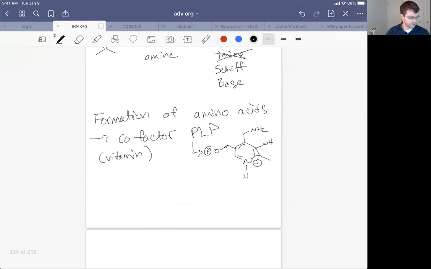That is good control of the alpha position. So what we do with PLP is we take an alpha keto acid. You can see that it's a carboxylic acid, but at the alpha position, we have a ketone. So we say an alpha keto acid, and we react this with our PLP.